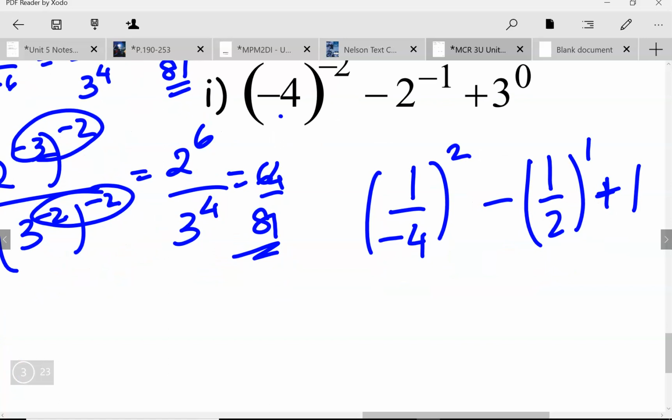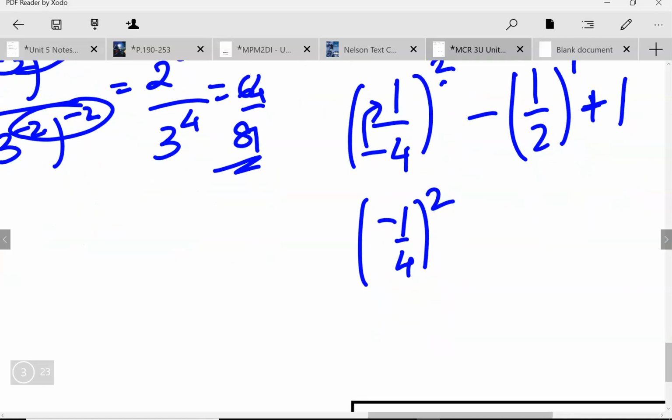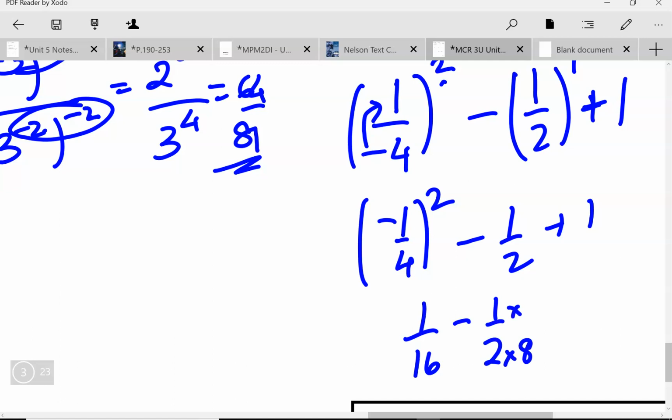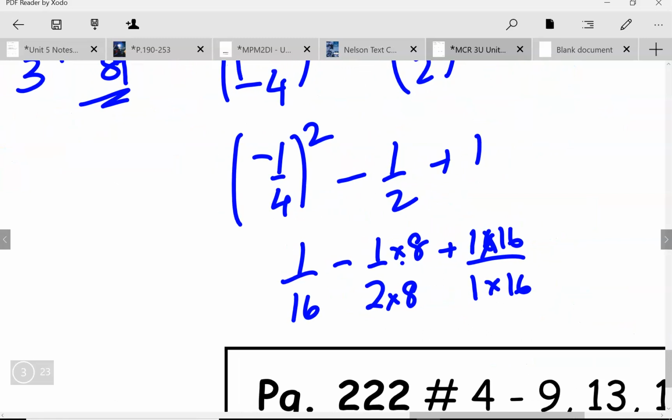It doesn't really matter because the negative is still included with the square, so the negative is eventually going to just disappear and become 1 over 16 positive, minus 1 over 2 times 8 plus 1 times 16 over 1 times 16, which is basically 1 minus 8 plus 16, which is 9.